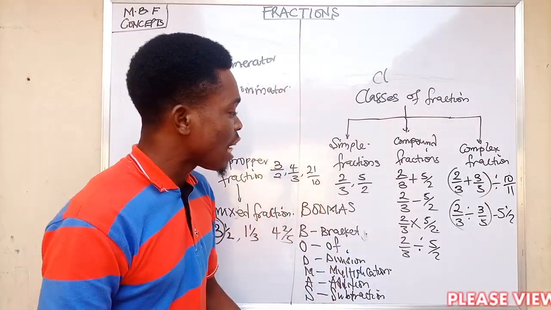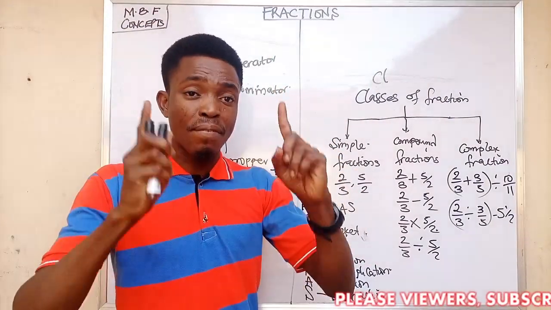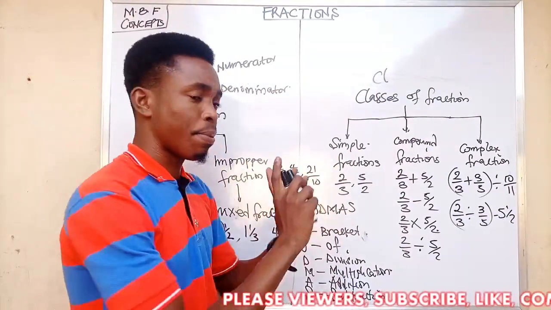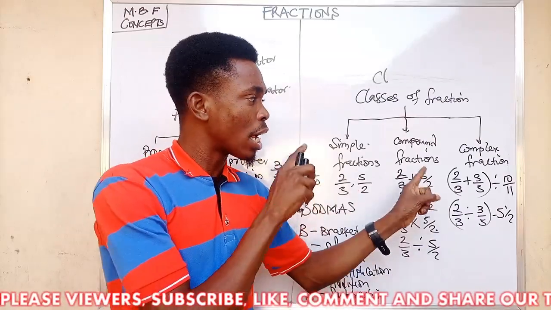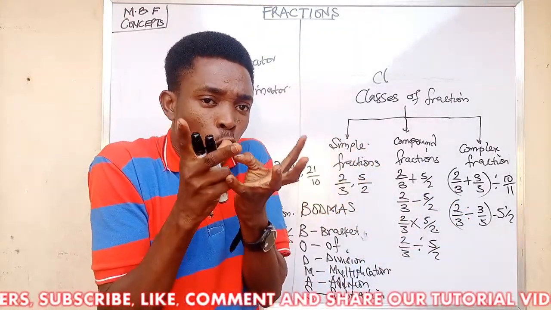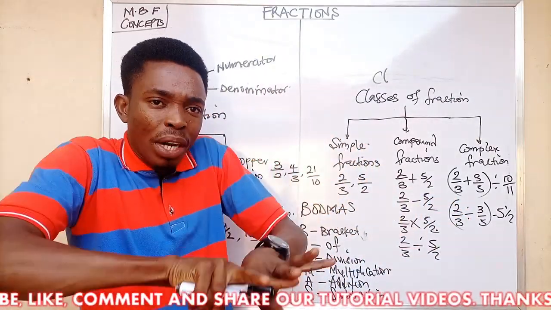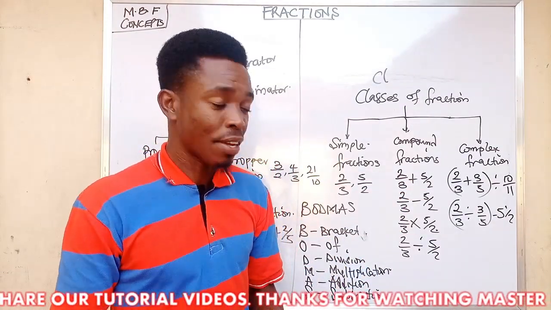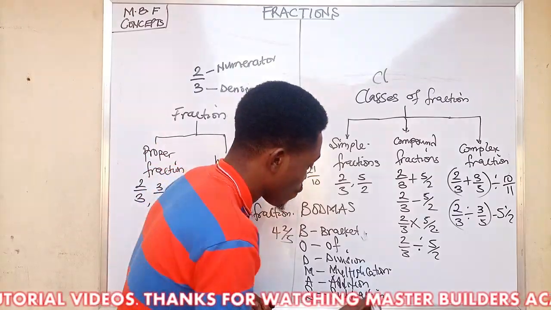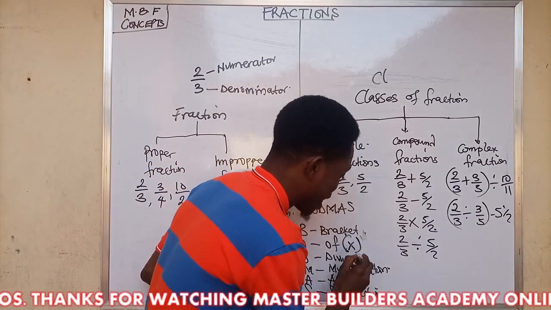If I have a particular question, the first thing I must deal with is the bracket. Anytime you are dealing with a complex fraction, you start from the bracket, dealing with the components or terms within the bracket. Then you now have of. Of is the same thing as the multiplication sign.